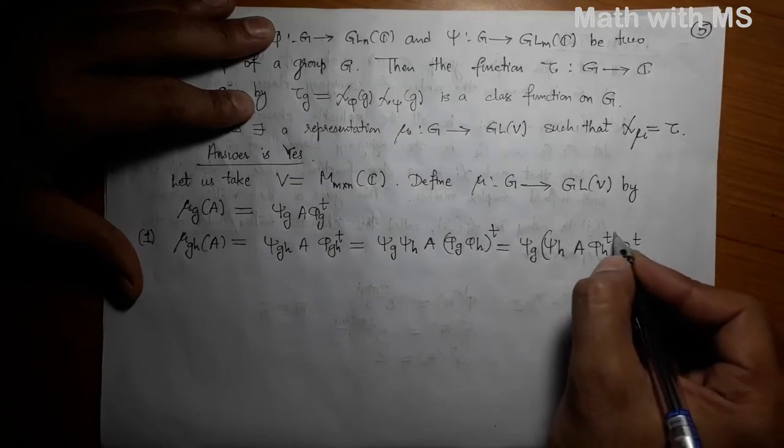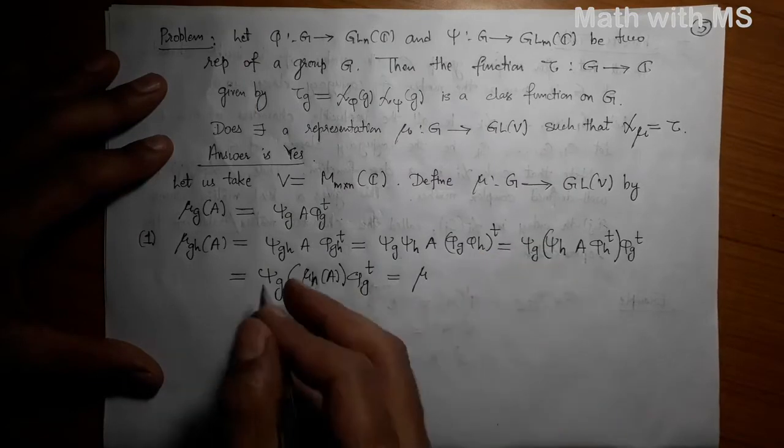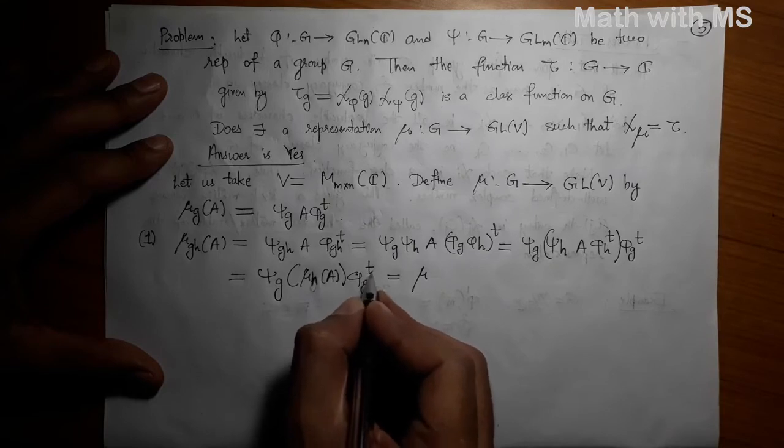And matrix multiplication is associative. I can put the parentheses wherever I like, so I can write it as psi of g acting on mu of h A into phi of g transpose.